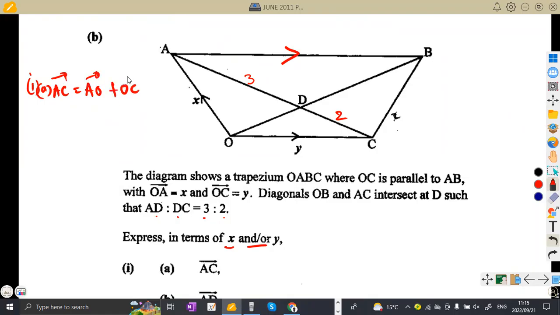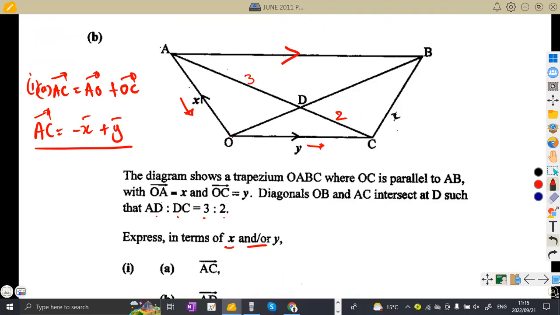Remember, you take where the information is given. So vector AC is going to be from A to O. As we can see, guys, we are opposing the arrows, so it's going to be negative X, plus from O to C, it's positive. We are maintaining the arrow, so it's going to be Y. So this is our vector AC.